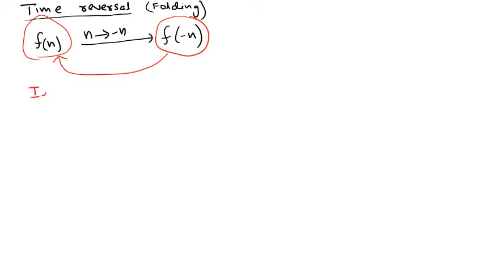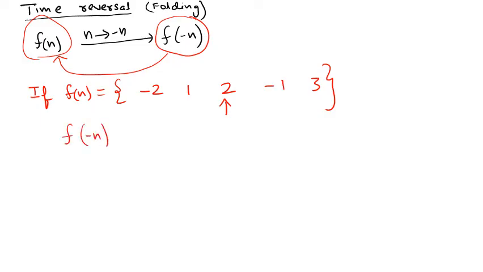If f of n is equal to, say, minus 2, 1, 2, minus 1 and 3, and this is the time index 0. In that case, f of minus n will be nothing, you need to just interchange the samples.